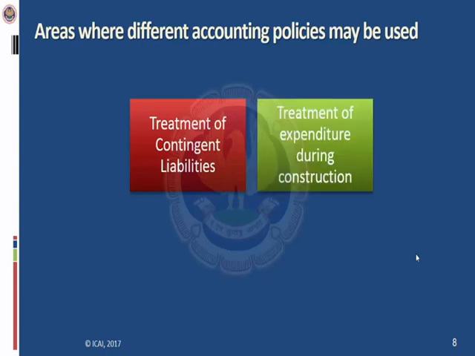Treatment of expenditure during construction. While framing a significant accounting policy, the entity has to state the treatment of expenditure during the construction period, whether it is capitalized or it is a sunk cost and expensed off. The entity has to state what is necessary for understanding the financial statements by a user or a stakeholder.